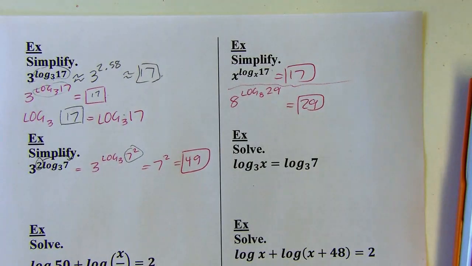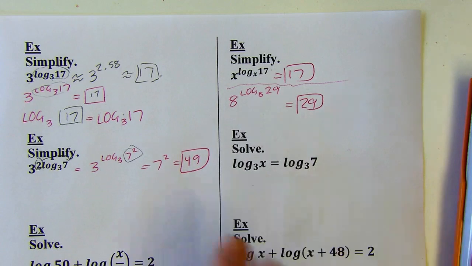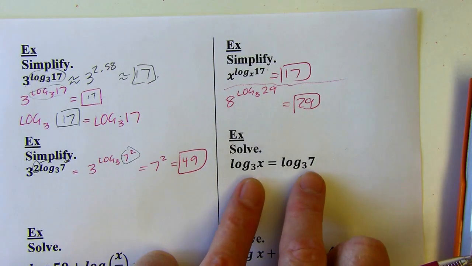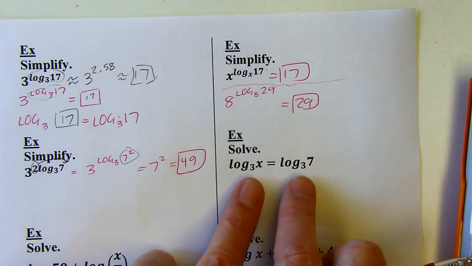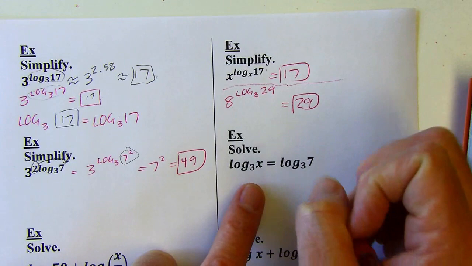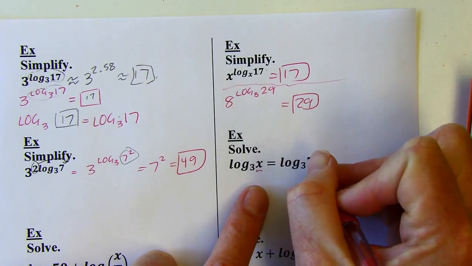Okay. All right. So I guess this kind of goes with the way I was showing this up here. But when you have two logs with the same base that are equal on both sides, and that's all you have on two sides of an equation, excuse the bell there. Hang on one second. The contents of the logs are going to be equal.